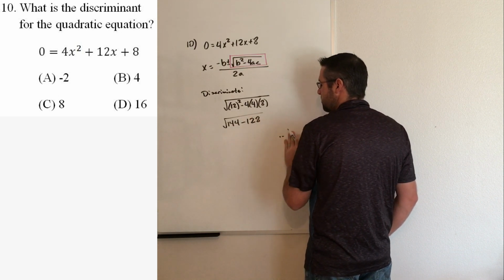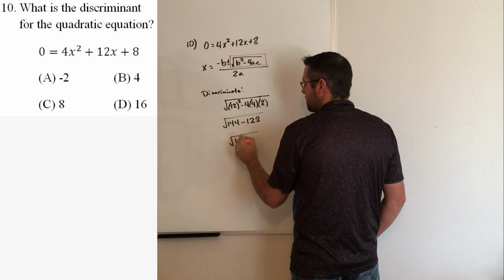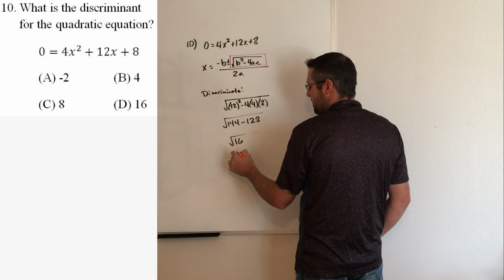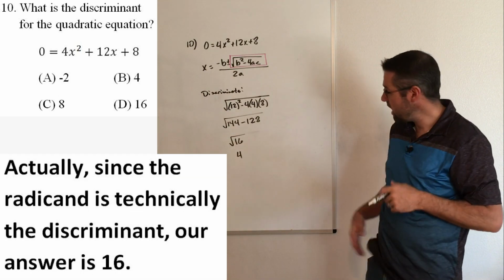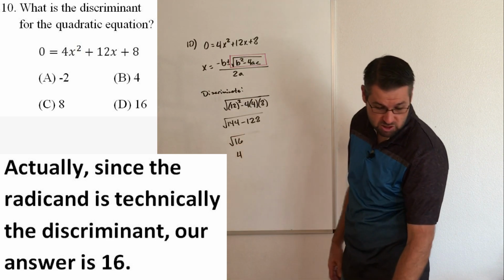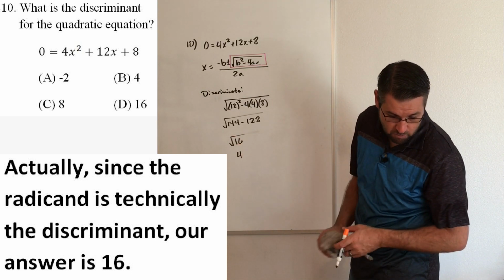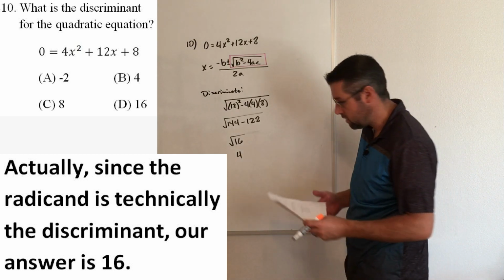And then from here we simplify that. We've got radical 16 here. And then we'd say the discriminant is 4 if you're including the radical on that. And then because this is the square root of a positive number, we have real solutions. It wasn't asking for that, but we would say that the answer is 4. Okay.